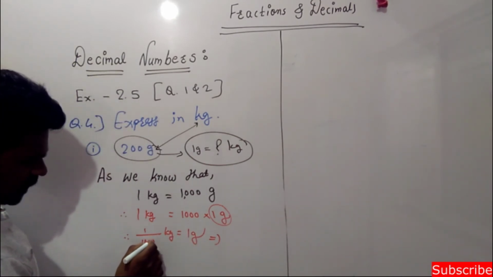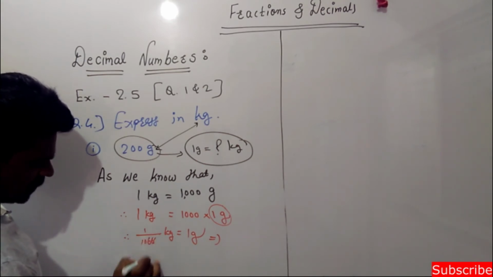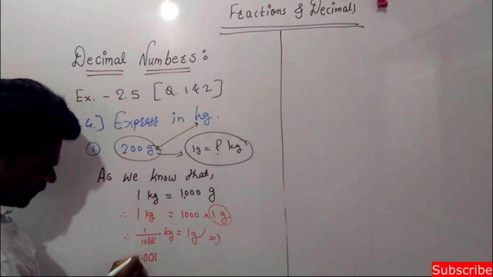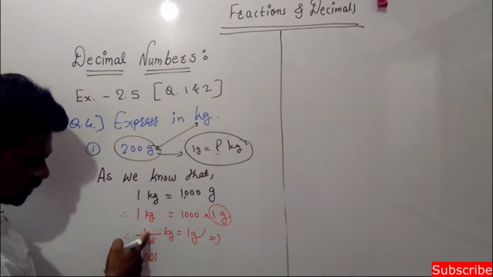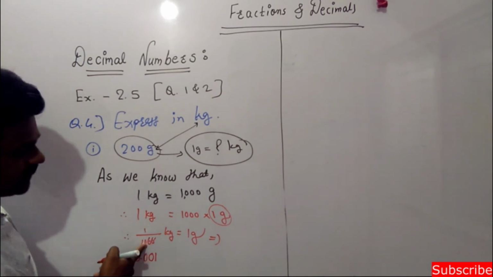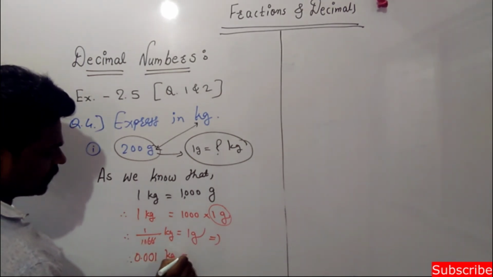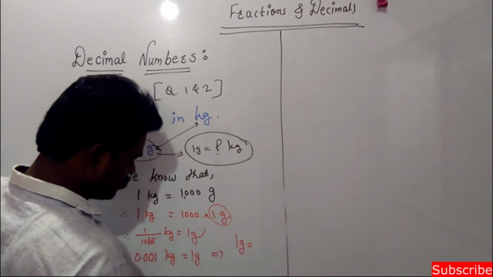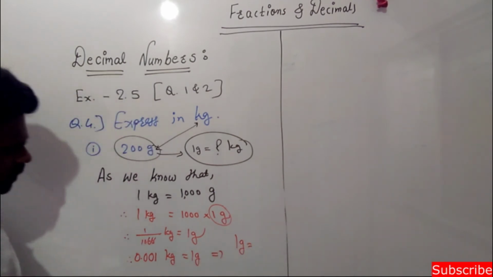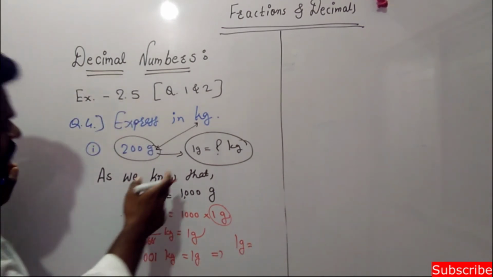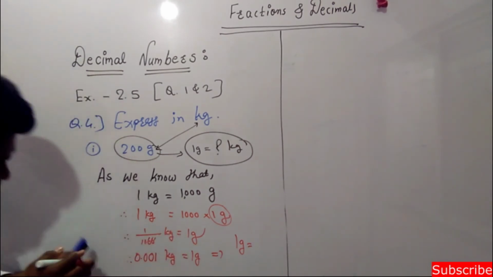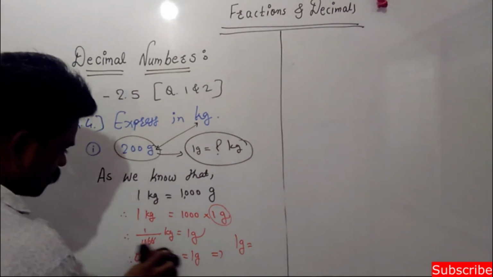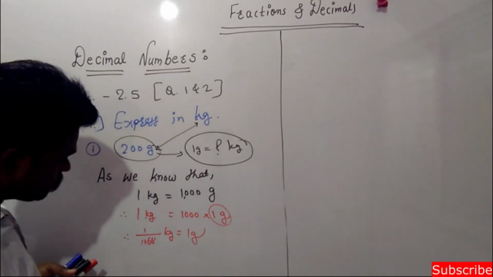Therefore now we need to cancel the 3 zeros. This is the first digit, second digit, third digit, and this is the decimal point. So you need to shift your decimal point by 3 digits to the left hand side. This much is enough because we haven't seen multiplication of decimal numbers yet.